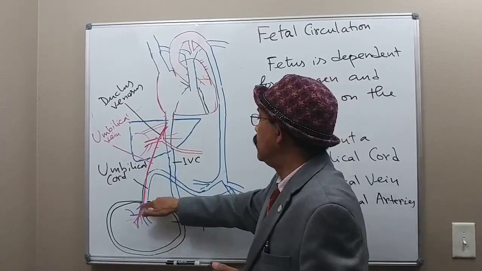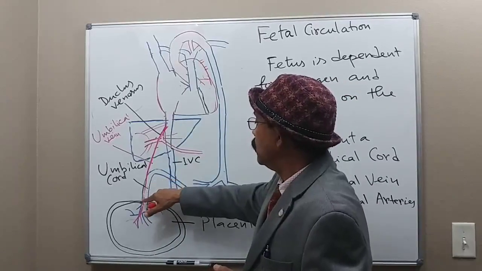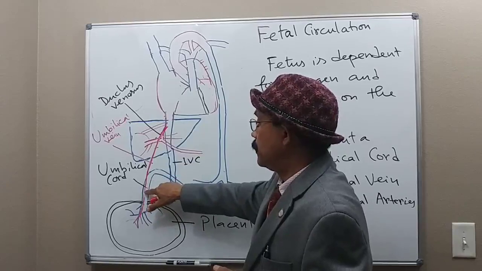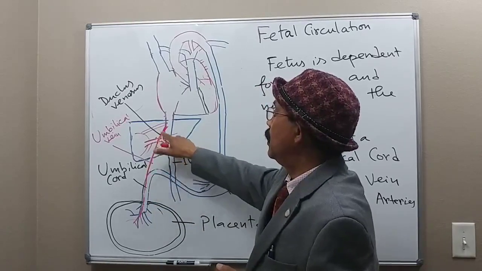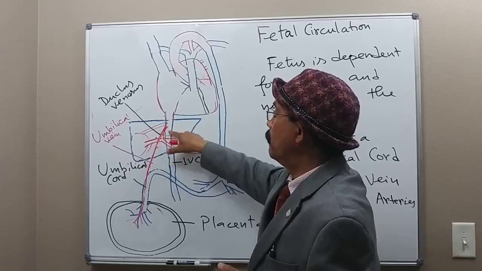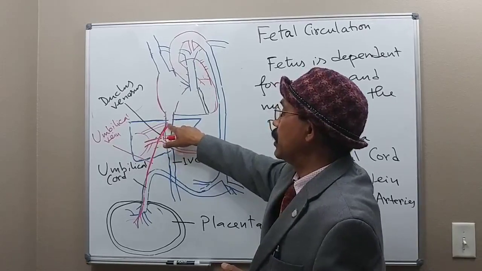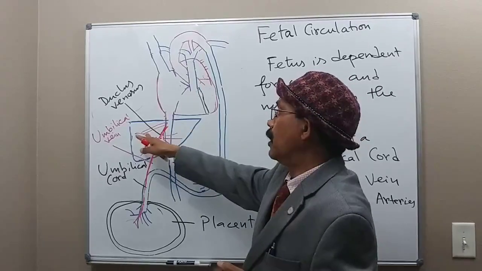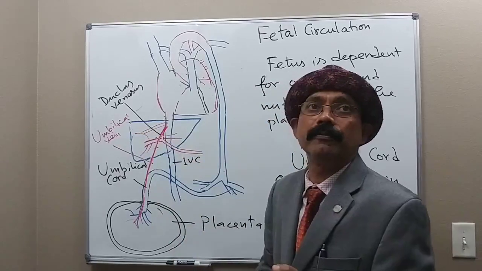So blood is coming through the umbilical vein, and around half of it bypasses the liver and goes to the inferior vena cava. Half of the blood is distributed to the liver.